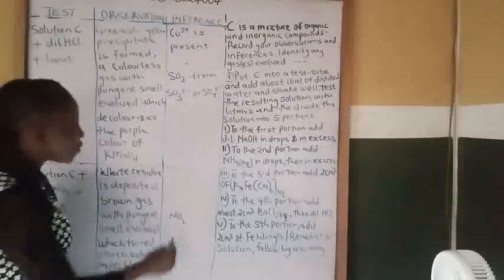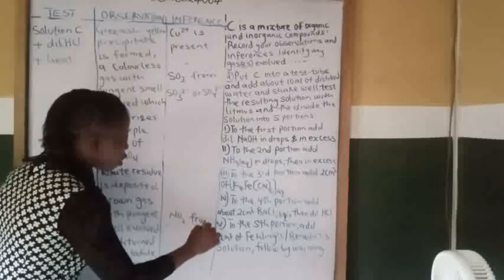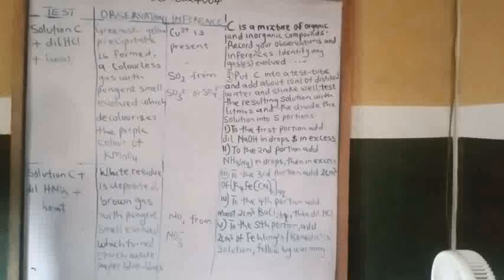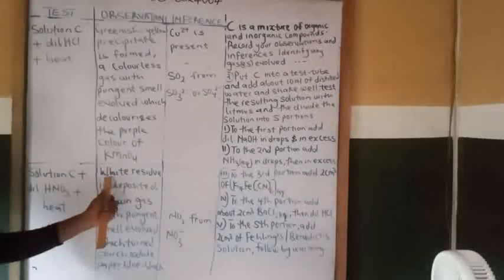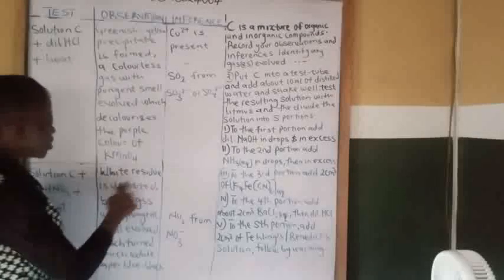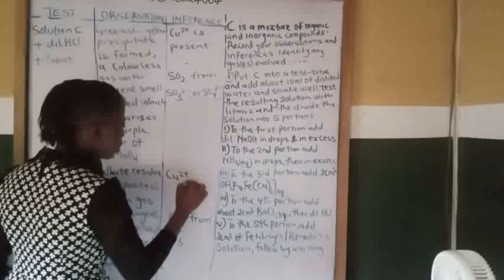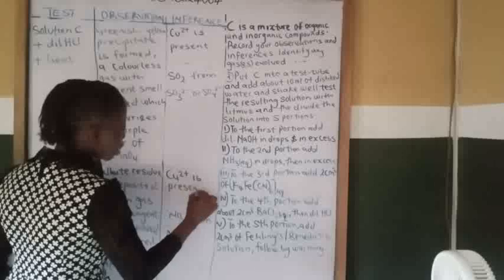So for the gas evolved, the gas is NO2 from NO3 minus. For the white residue that is deposited, that is copper. Copper 2 ion is present.